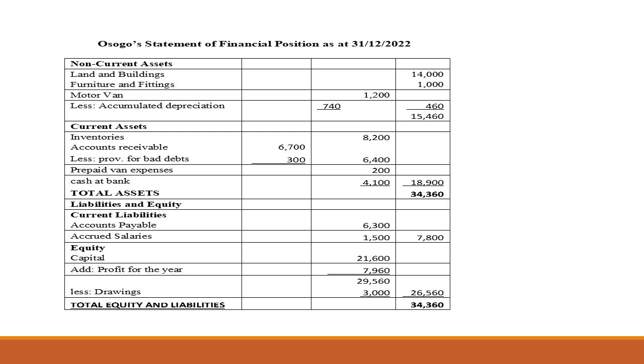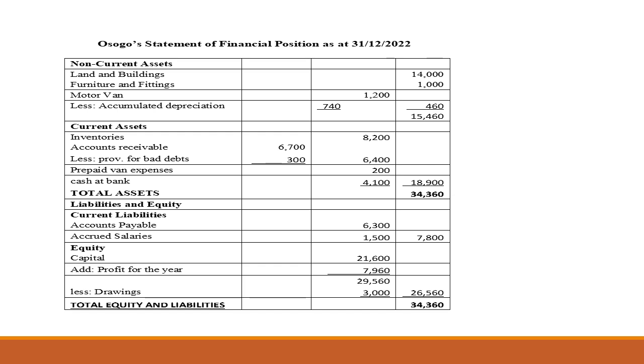Current assets: we have closing inventory, and accounts receivable less a provision for doubtful debts of 300, so we remain with 6,400. Prepaid motor van expenses 200, cash at bank 4,100. That gives us a total asset of 34,360.